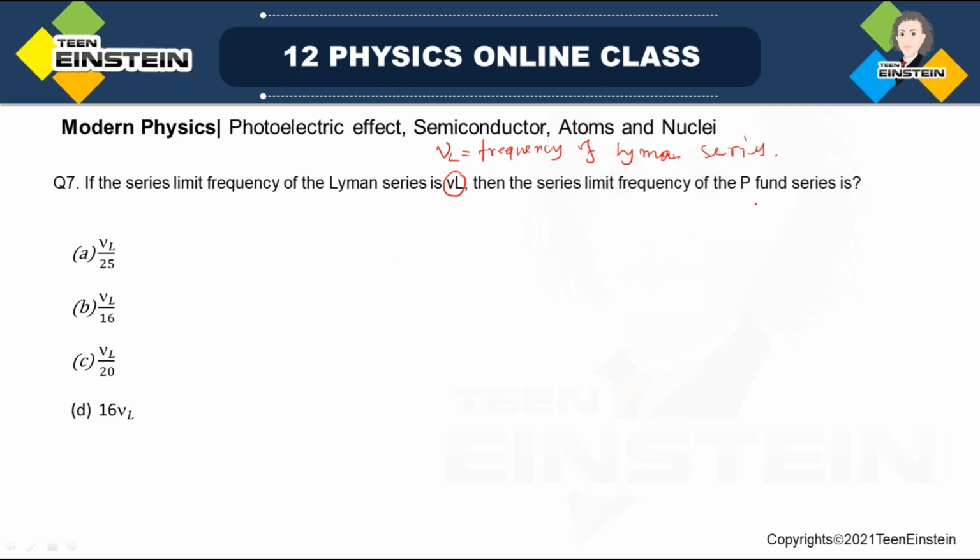Then the series limit frequency of the Pfund series is what out of these four options?